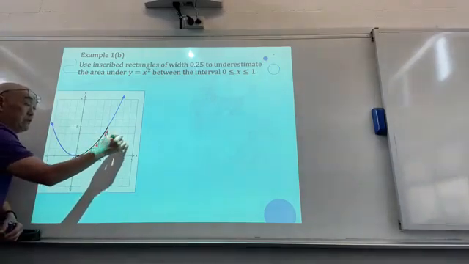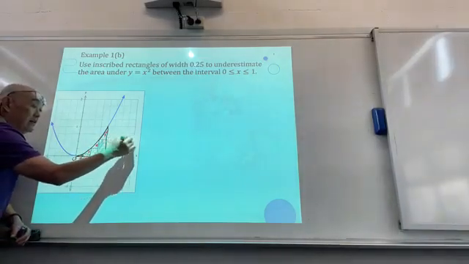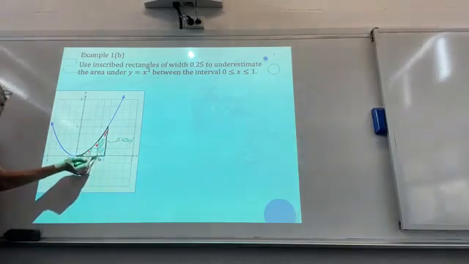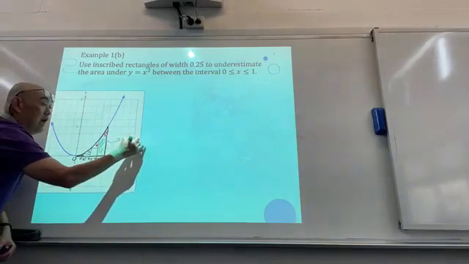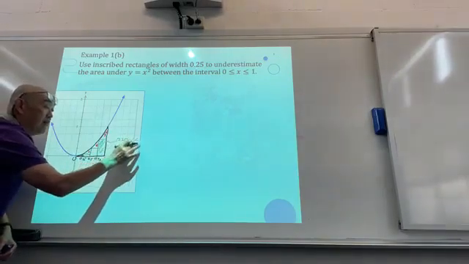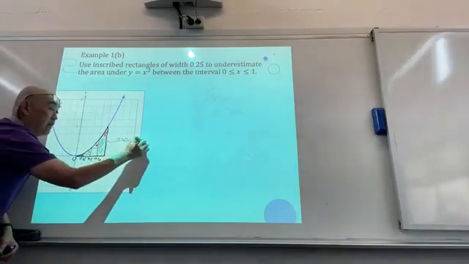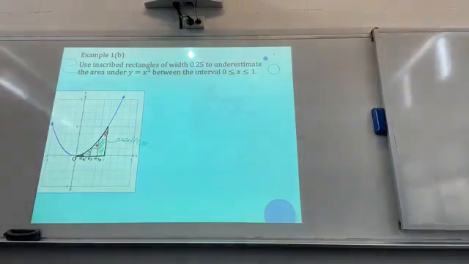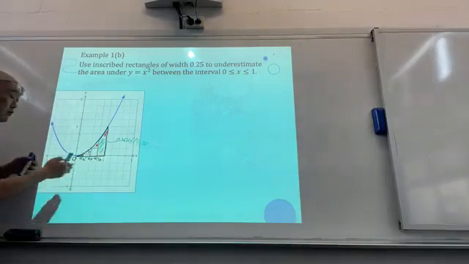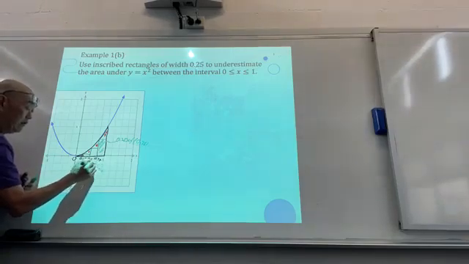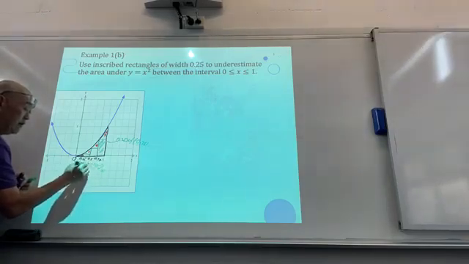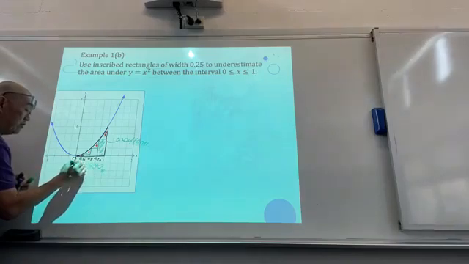Here, this will be 0.25, the area, times f of this point. From this point up there is f of 0.75, not 7.5, 0.75. Correct? Got it? So you can see this is 0.25, each little one, 0.25, 0.25, 0.25, 0.25.